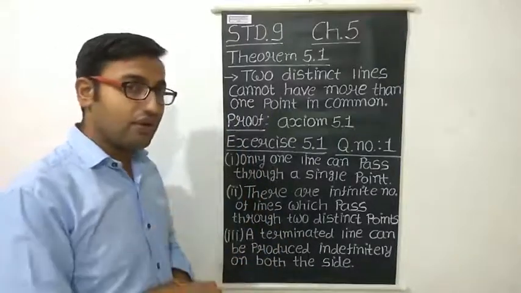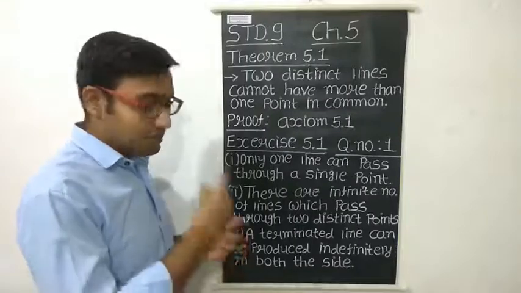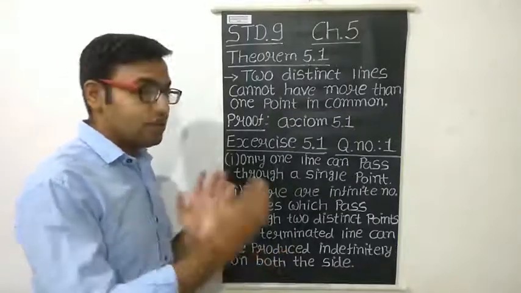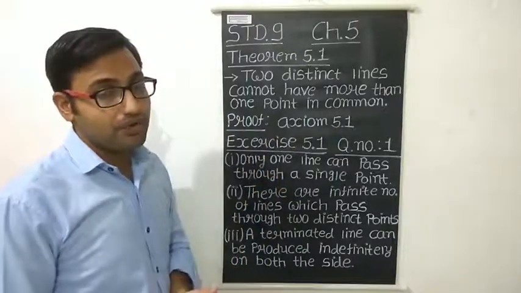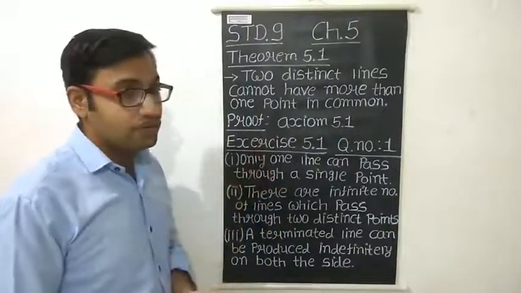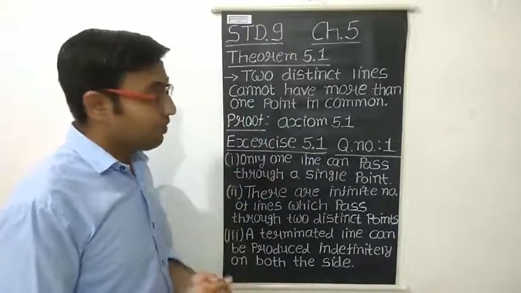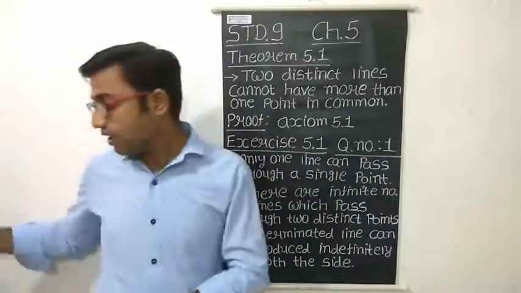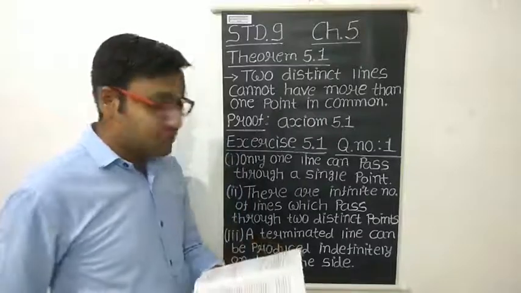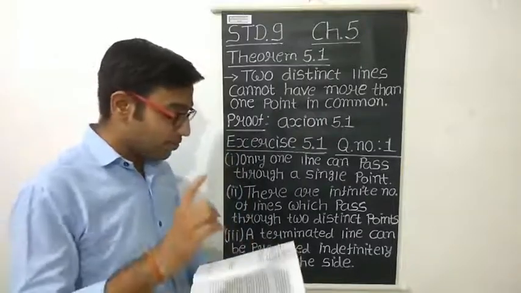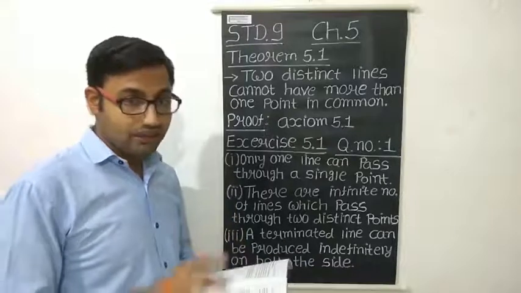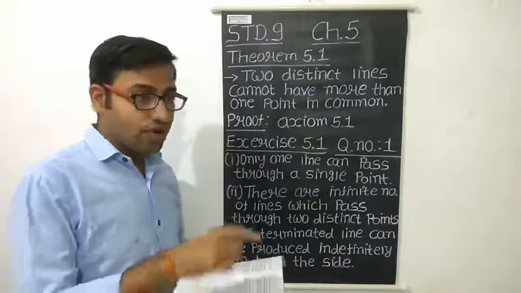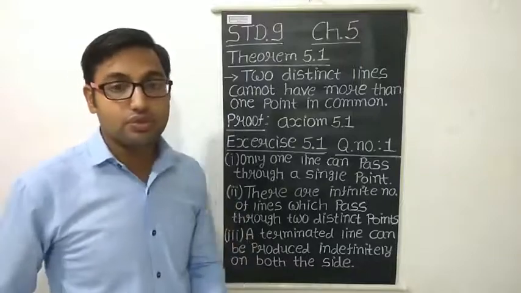Now, according to axiom 5.1, what is its statement? Axiom 5.1 states that given two distinct points, there is a unique line that passes through them. If we have two points, then only one line can pass through them.